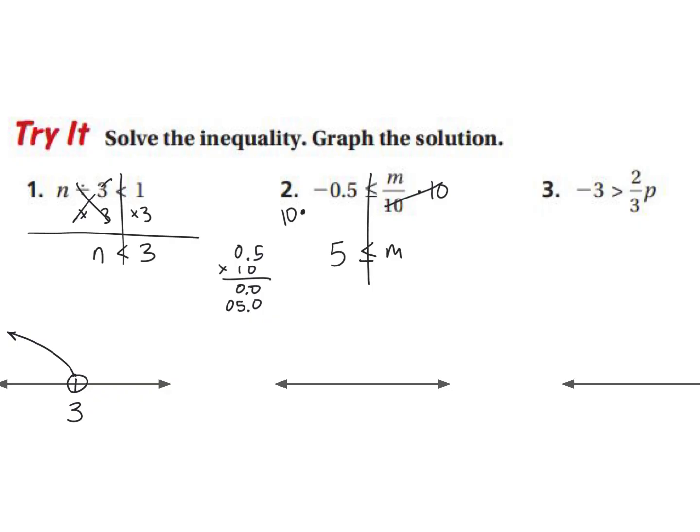So my answer here is 5. Positive times negative is negative. I get -5 is less than or equal to m. -5 becomes my value that I use on the bottom here. I can use it as a correct value, so I'm going to shade it in because there's an equal to bar. And my alligator mouth is opening up towards the letter, meaning I want numbers greater than it. Greater numbers are always to the right.